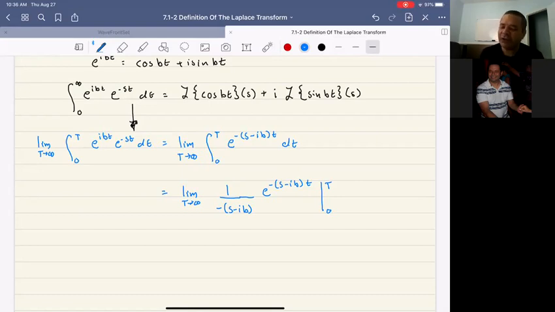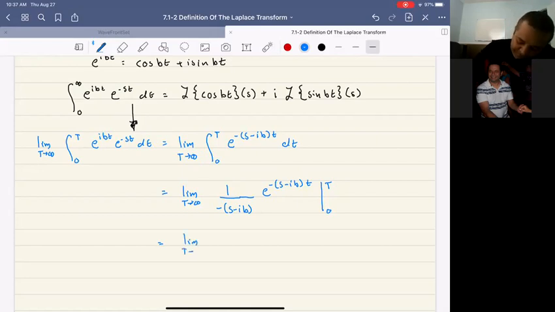There are some issues with doing this integral, but those issues are not something that we need to worry about at this level. At this level, we just want to get a formula that we can work with. Next, we're going to plug in the limits.